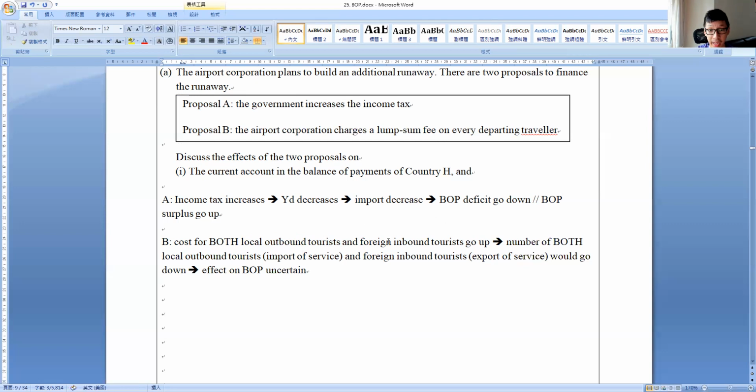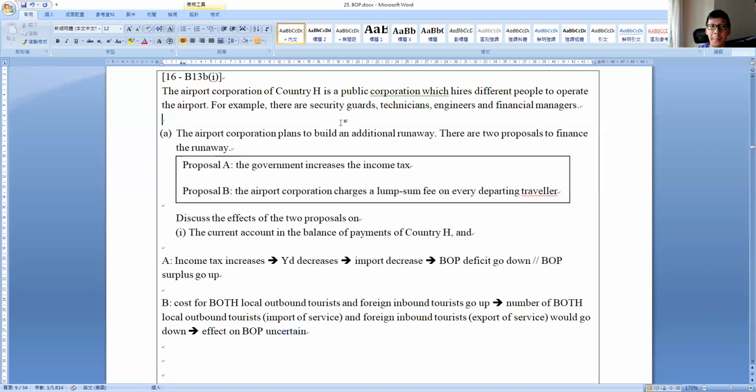But the same can be said for people coming to country H. 佢哋嚟都要走㗎嘛，係咪？When they leave, they will be charged this departure tax, right? 係咪 Now therefore, you will see that both import and export would go down. 兩個都跌晒，咁即係升定跌啊？How do I know? It will be uncertain.